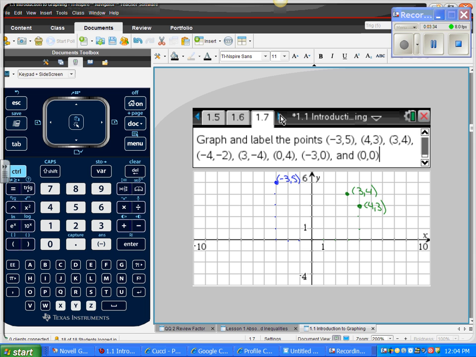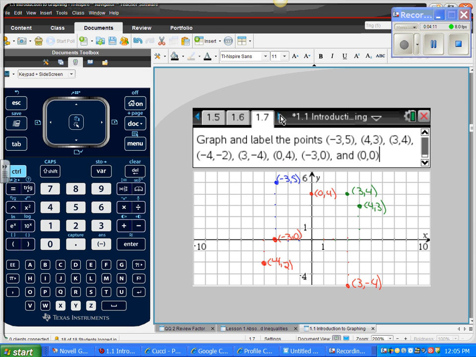-4, -2. 1, 2, 3, 4, going back and then down 2. So there's your -4, -2. 3, -4, forward 3, down 4. 0, 4, so over 0, up 4. -3, 0, back 3, up 0.